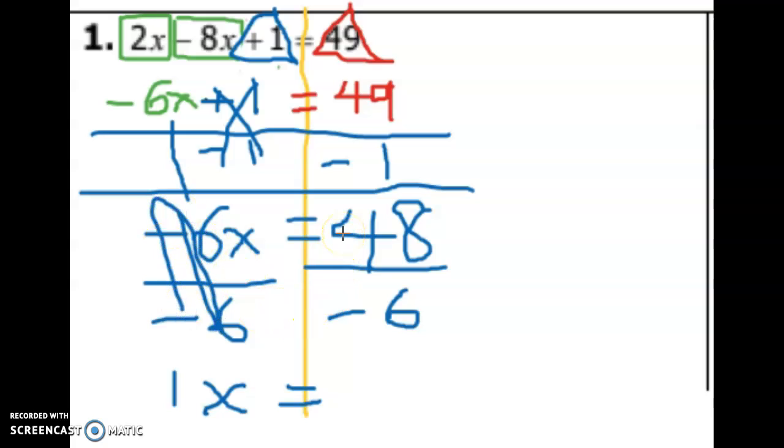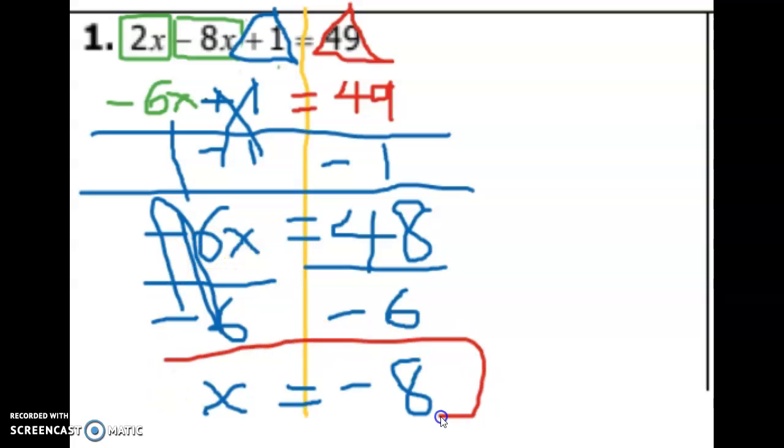Y como estoy dividiendo un número positivo, 48, por -6, va a ser un número negativo, y 48 divided by 6 is 8. So I've got 1x equals, mejor dicho, x equals -8. So that's the problem for number 1.